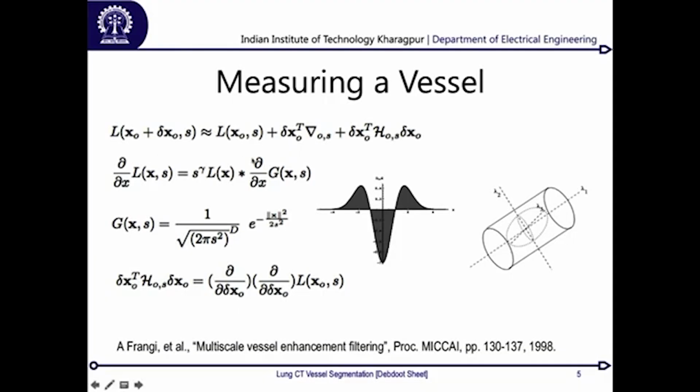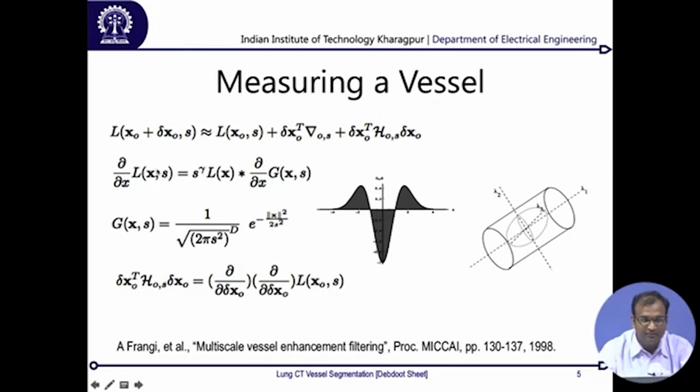Now from that, let us look into the first derivative of the image itself at a particular location. What I can express at a given scale is that I take the scale to the power of gamma, and then the derivative of this will basically be the scale factor to the power of gamma, where gamma is a particular constant factor which we are going to work out, multiplied by the image at the native scale, which is scale s equal to 0, convolved with a derivative of a Gaussian kernel.